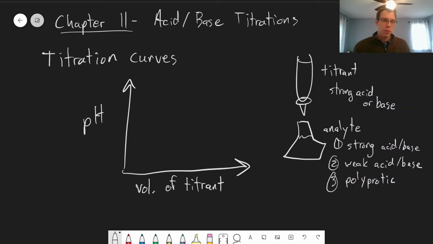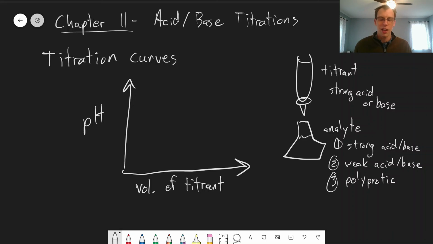So this is what we're going to be covering in this chapter, looking at titration curves and how we can understand what's happening in terms of the chemistry for these different types of titrations. We'll also look at a specific application of acid-base titrations that's really commonly used, especially in the food industry, known as a Kjeldahl analysis.